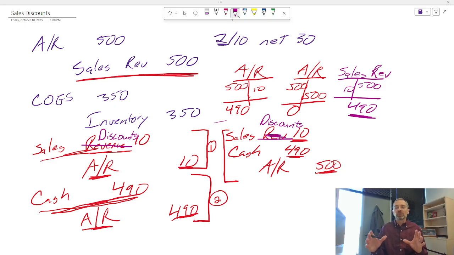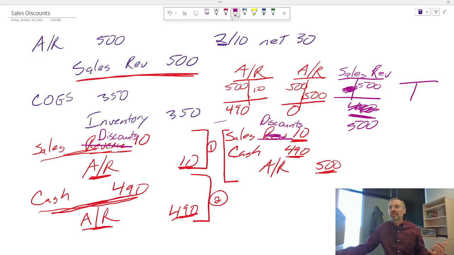Same thing here. We want to track our sales revenue, what the actual purchase price was versus the discounts that were taken, because it's valuable information to keep track of both of them. So instead of putting the $10 in the sales revenue account, I want to keep this at $500 to show what was the actual sales price when they came into the store, and then how much of a discount did I give them. And I gave a $10 discount.